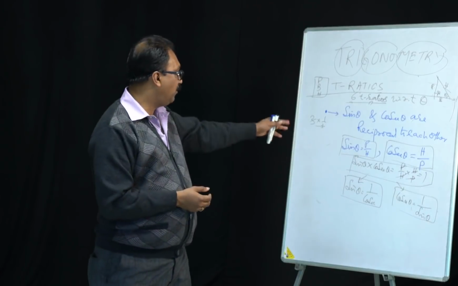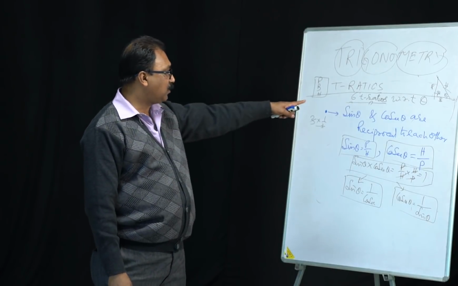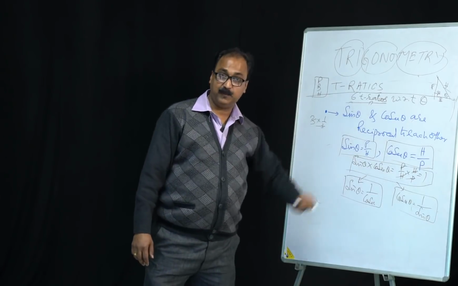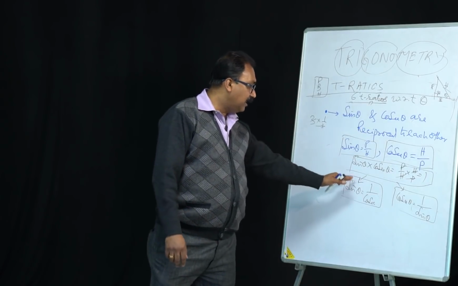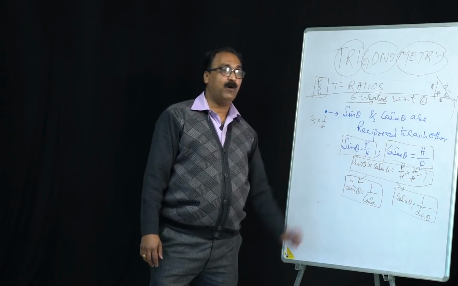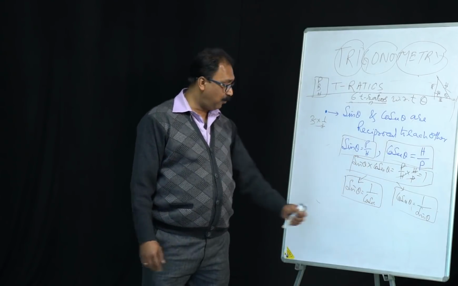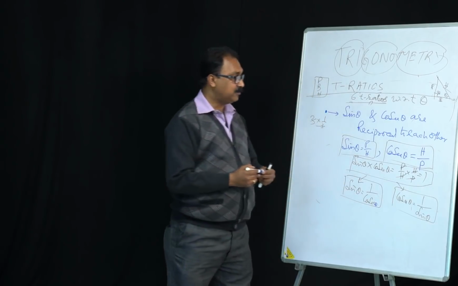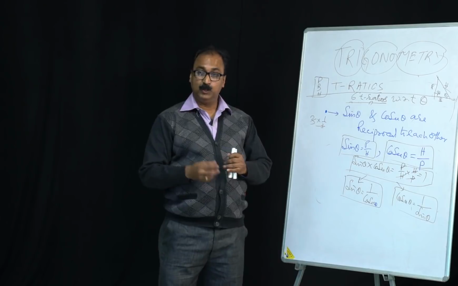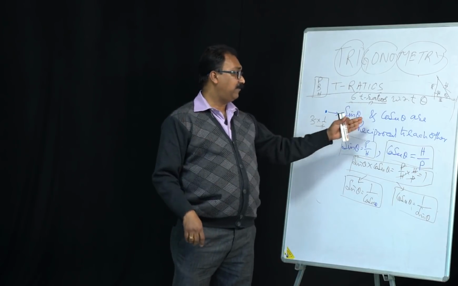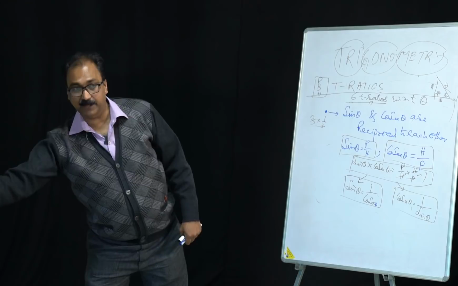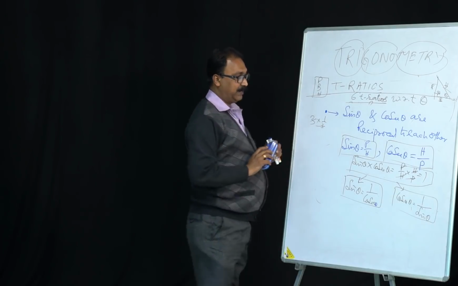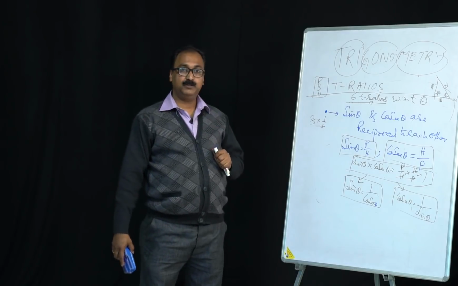So what you learn here: first point, sine and cosec are reciprocal. That's why sine is P by H, and cosec is H by P. If we multiply these two, we will get 1. And from there, another 2 important points: sine theta is 1 by cosec theta and cosec theta is 1 by sine theta. Another 2 more reciprocals are there. Clear? So now you write it down. I'll give you 2 minutes to write down.